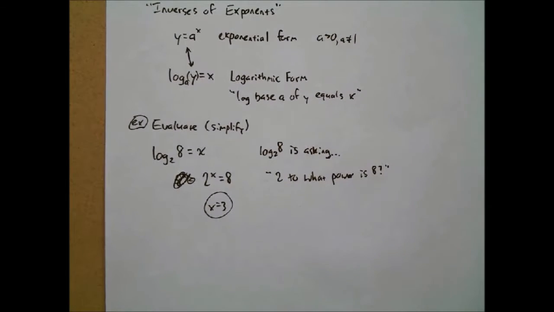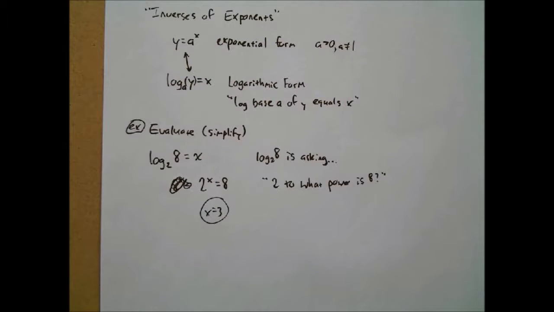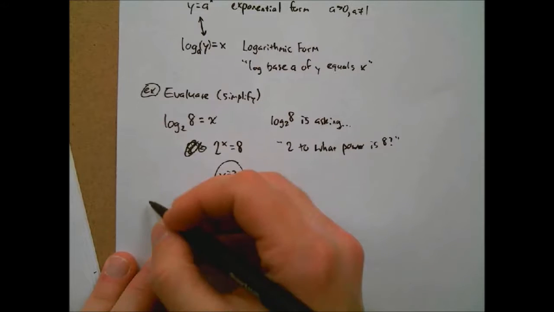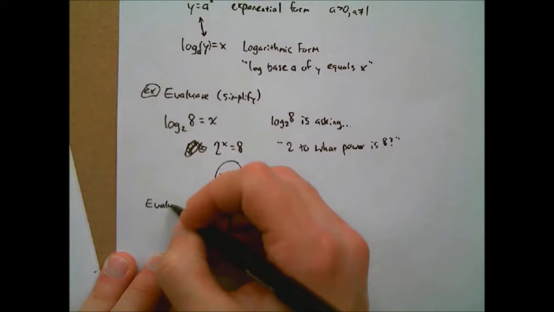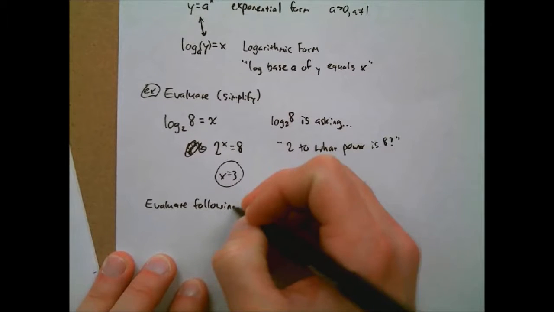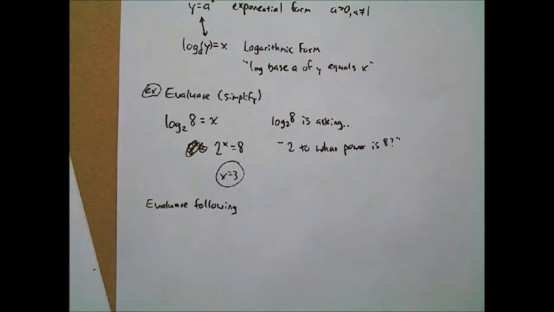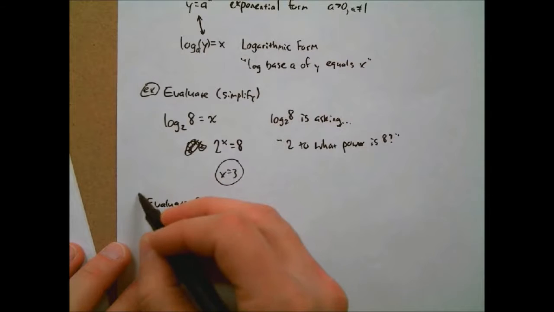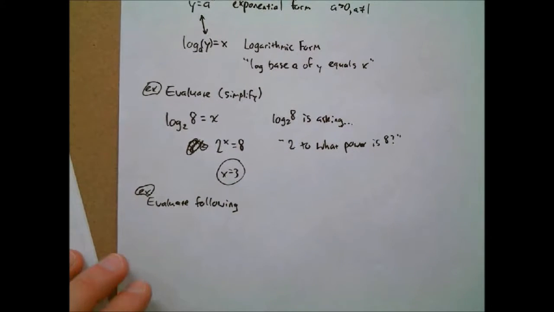So when you see a logarithm out in the wild, you want to do the base to what power is what's inside there. Okay, and that's the answer to a logarithm. In this case, 2 to what power is 8. I always think of the small number as being the base, and the large number is what it's of on the other side of the equal sign. You know, the base, or the small number, to what power equals a large number.